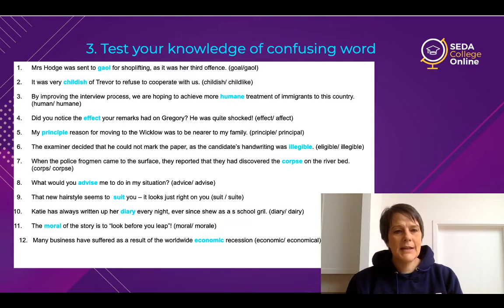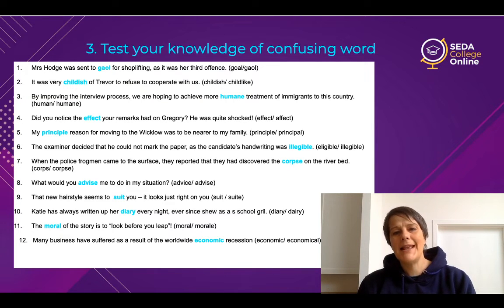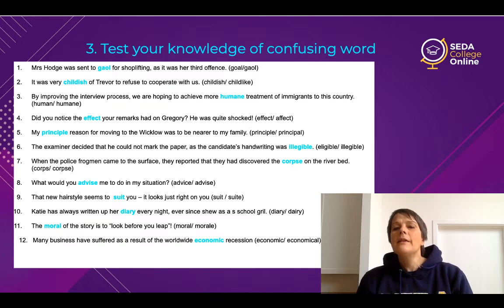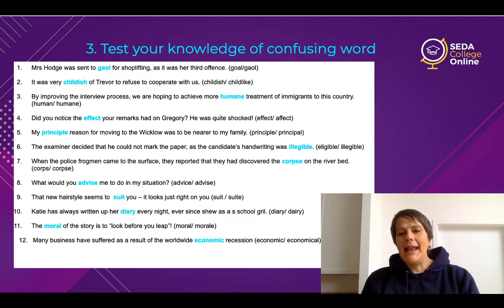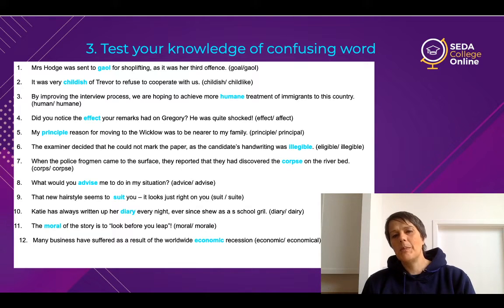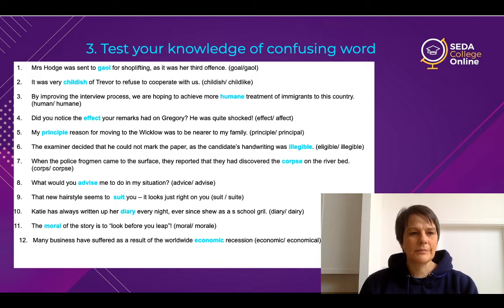So the examiner decided he couldn't mark the paper as the handwriting was illegible. The pronunciation of the other one is eligible. So the meaning is completely different, but eligible and illegible are those two words. When the police frogmen came to the surface, they reported that they had discovered the corpse. So corpse is spelled like that.